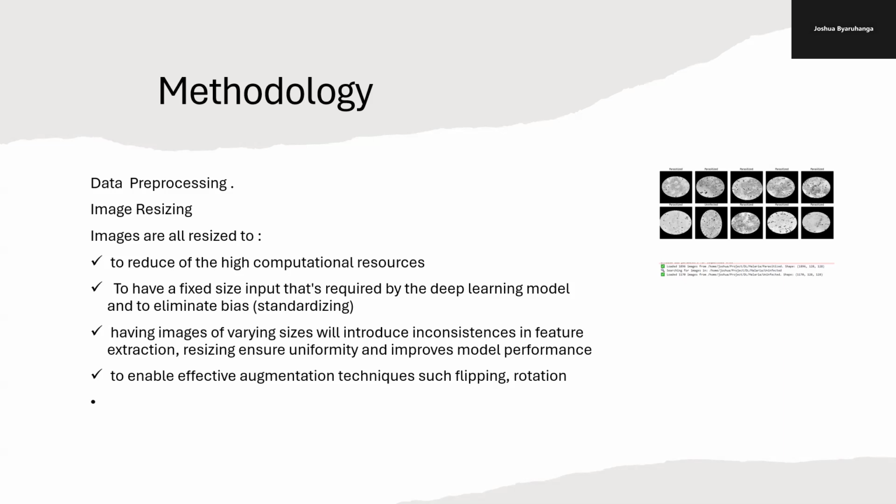Having images of varying sizes will introduce inconsistency in the feature extractions. So resizing also ensures uniformity and improves model performance.